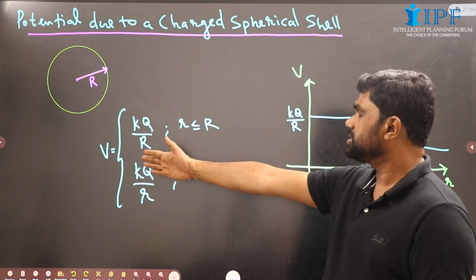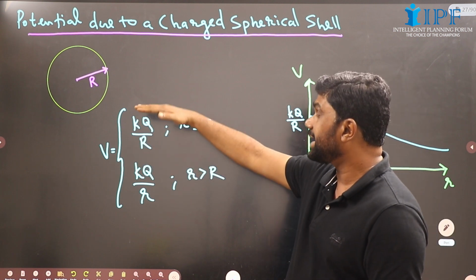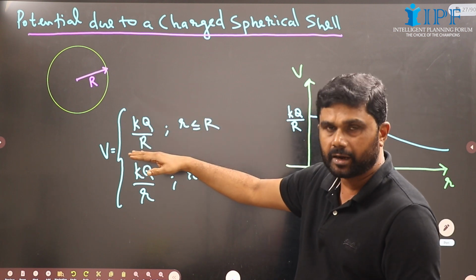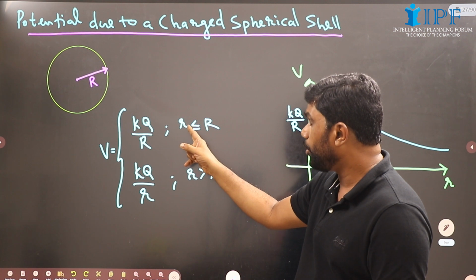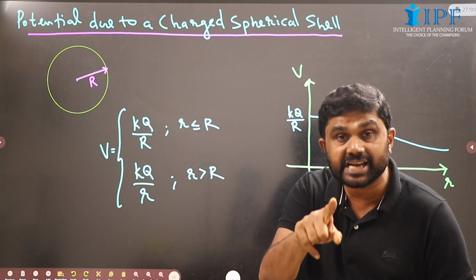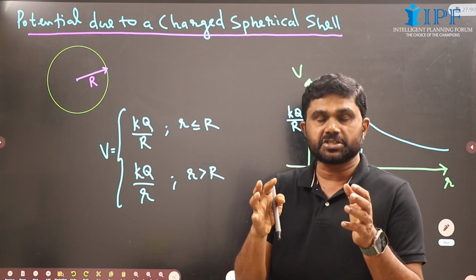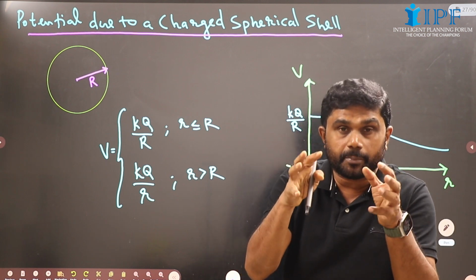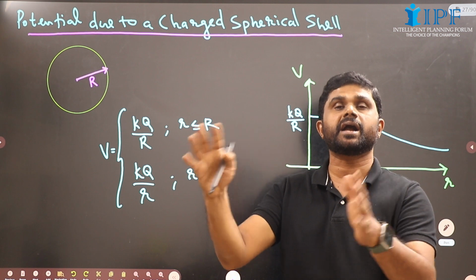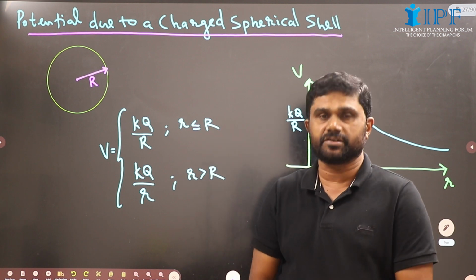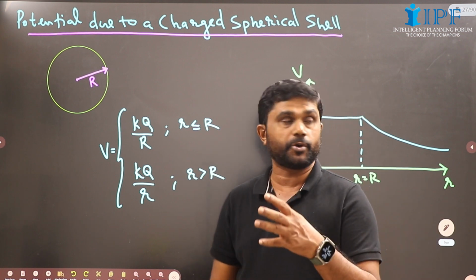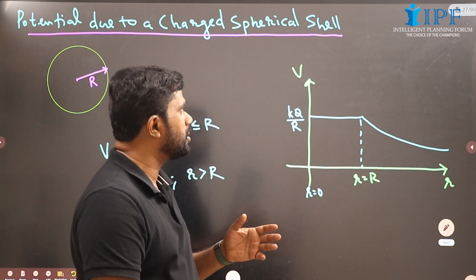So the potential V equals K capital Q divided by R when the point of observation is inside or on the surface. This means the electric potential at any interior point is the same as the potential on its surface.